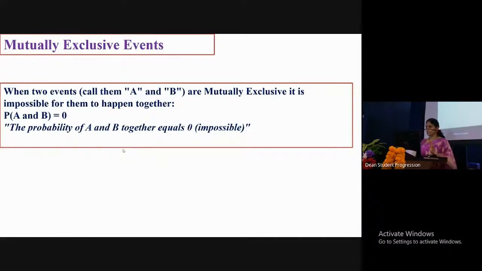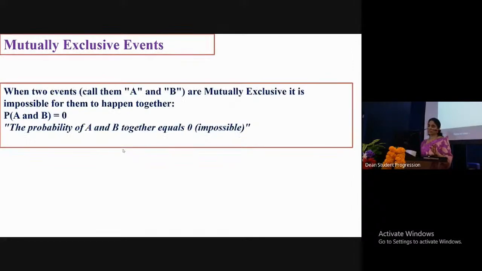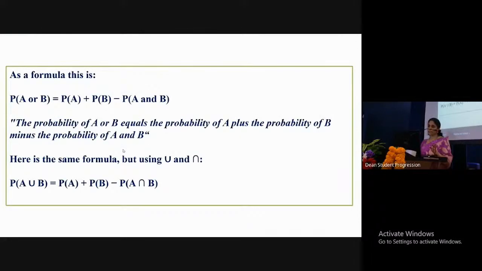For mutually exclusive events, at one point of time I can have only one thing. Like with cards, if a card is a king, it cannot be a queen. These are mutually exclusive events. All of you are familiar with this: probability of A or B is equal to probability of A plus probability of B minus probability of A and B.